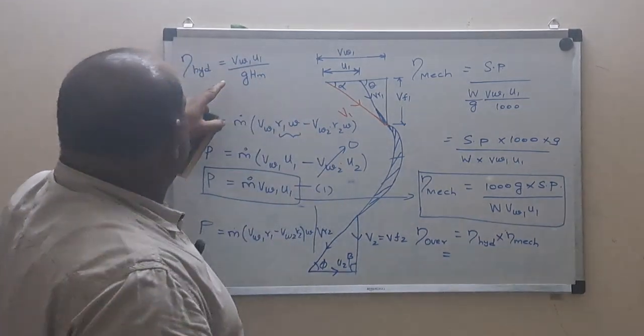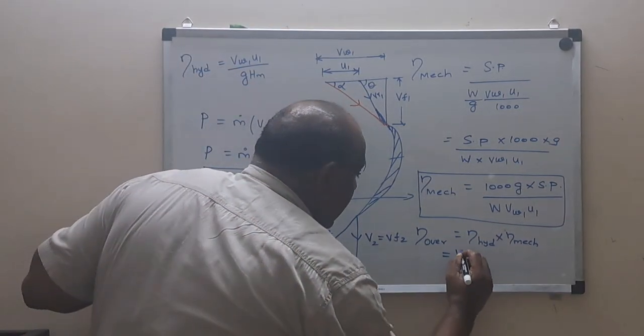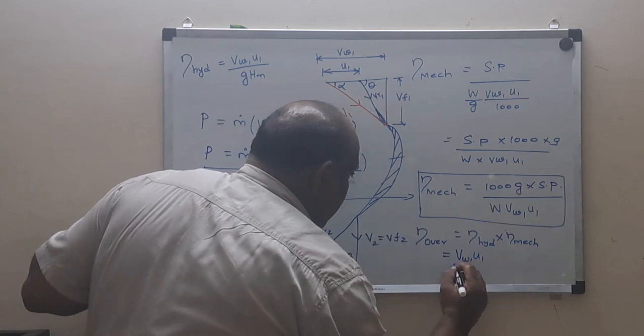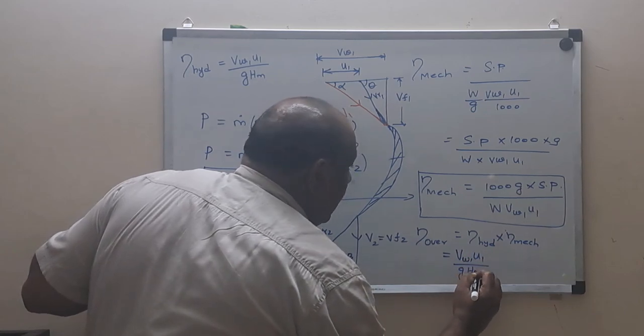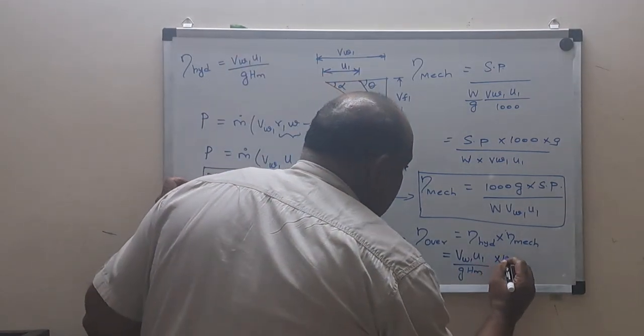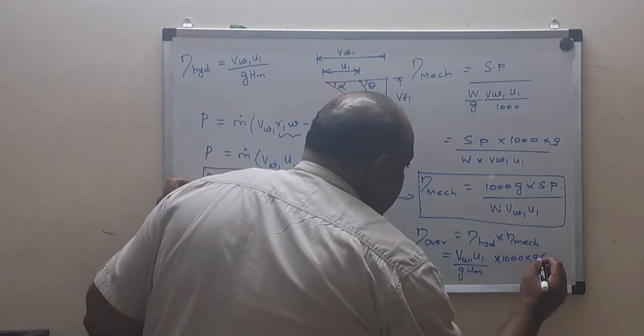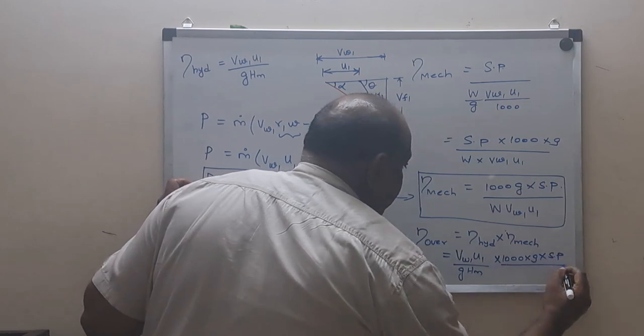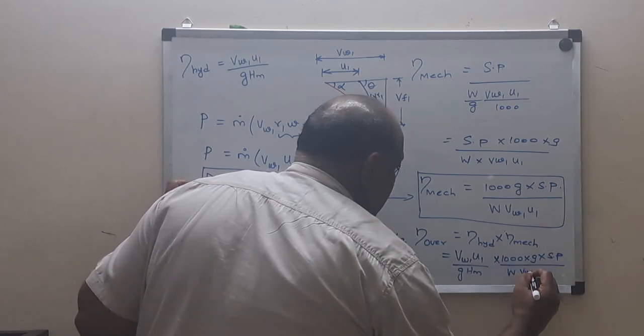So what is hydraulic efficiency? We have the formula here: W VW1 U1 by G into HM, into 1000 into G into shaft power by W into VW1 U1.